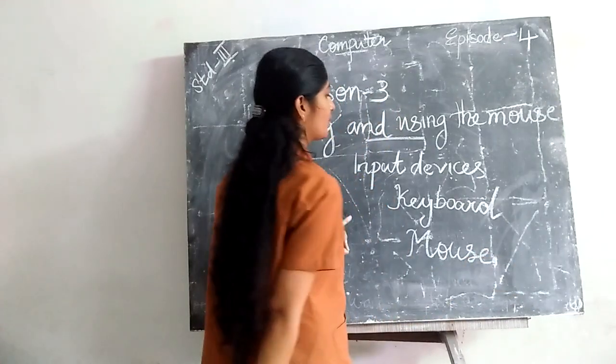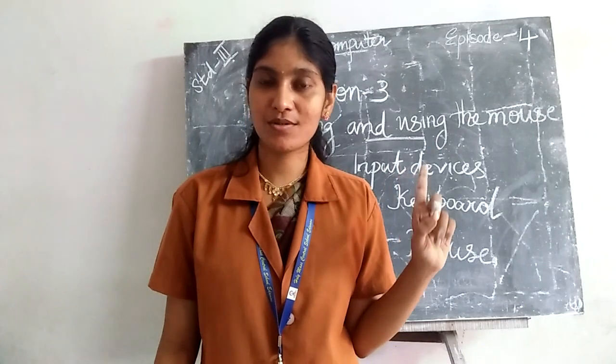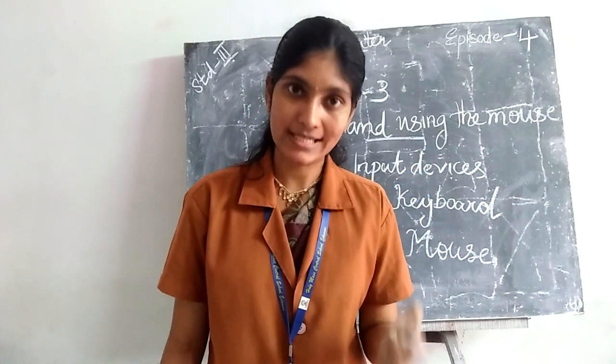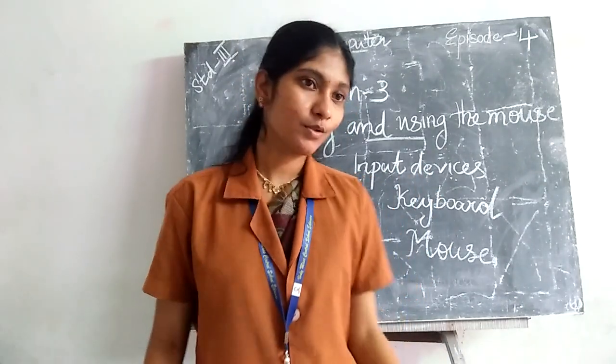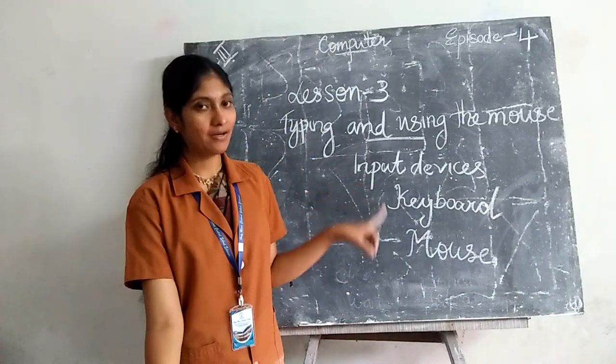Right. So keyboard is used for typing and mouse is used for pointing and clicking. So these are the main input devices, keyboard and mouse.